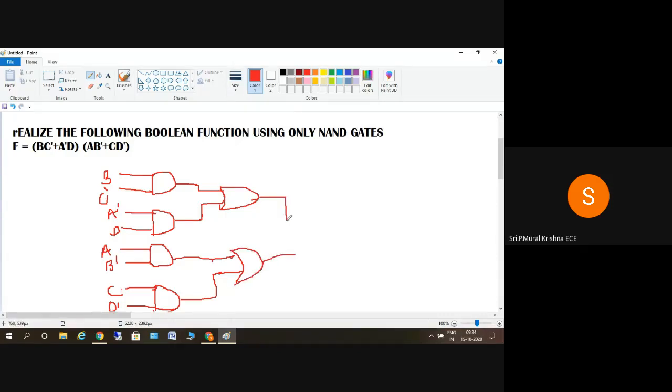The two OR gates are given to an AND gate. So this is the normal AND OR implementation. Now we have to go for using NAND gates.